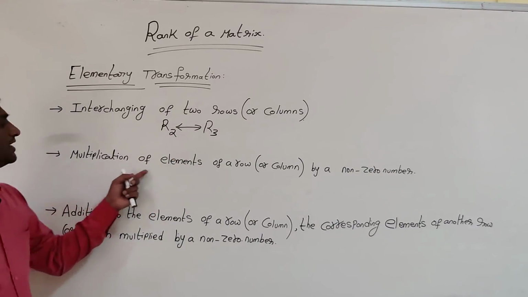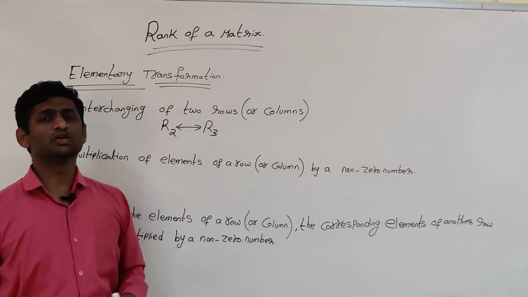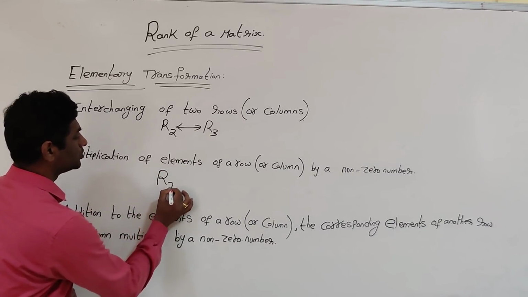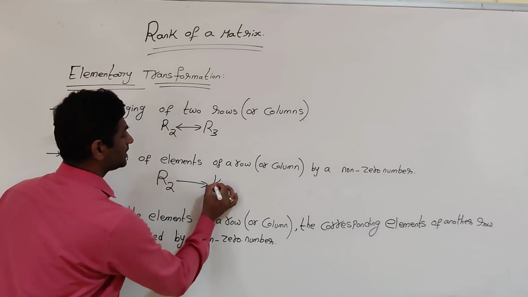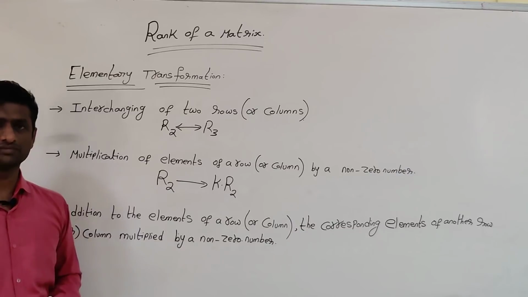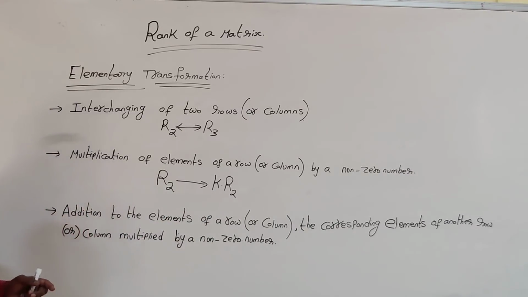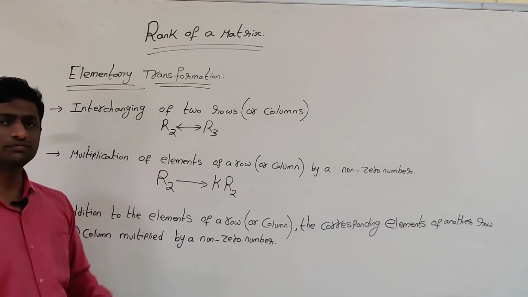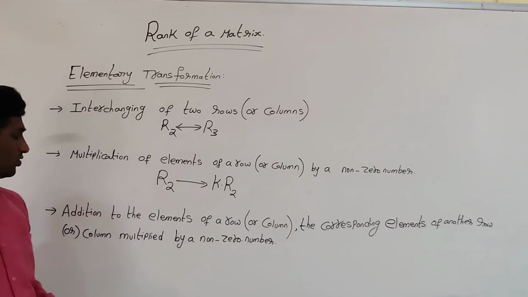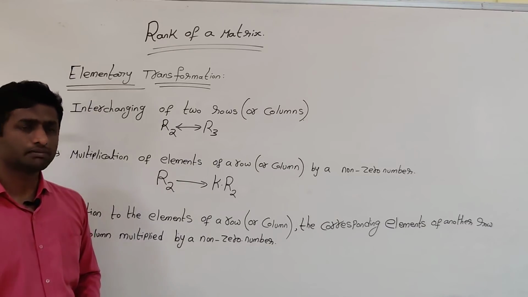Next, multiplication of the elements of a row or any column by a non-zero number. For example, R2 implies k times R2, where k is any non-zero number other than 0. K is any scalar. Next, addition to the elements of a row or column, the corresponding elements of another row or column multiplied by a non-zero number.